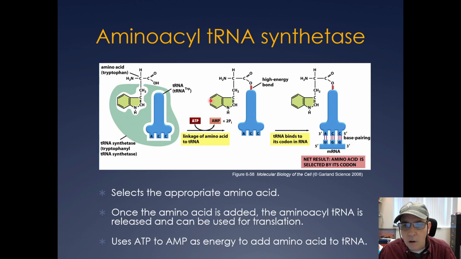So if the wrong amino acid gets added to a tRNA, it can be incorporated into a protein. And so regardless of what is there, it's the anticodon that is all of the quality control in translation. Okay, and it uses the ATP conversion to AMP to ultimately generate this high energy bond.